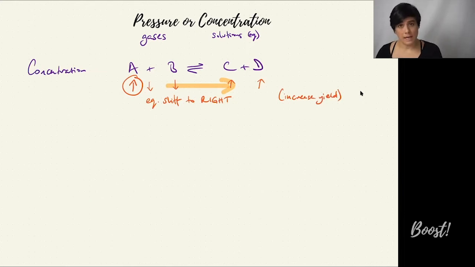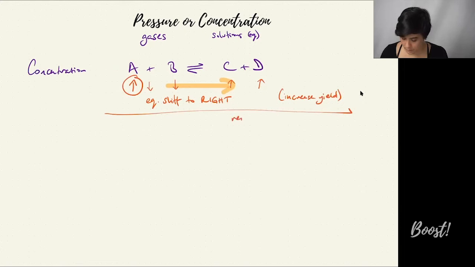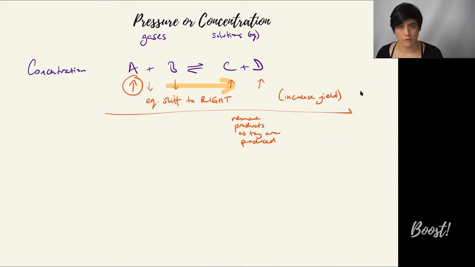It's unlikely that we would decrease the concentration of a reactant, but something that's often done in industry is that we would perhaps remove products as they are produced. And that happens quite commonly in a lot of industrial reactions.